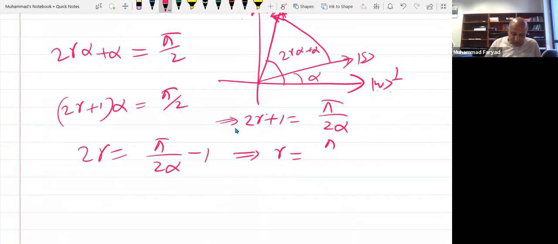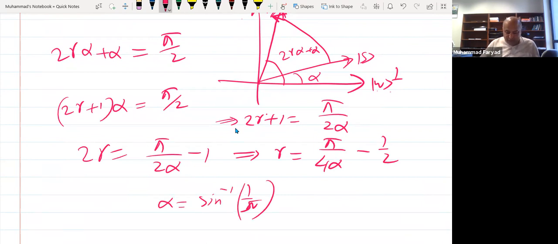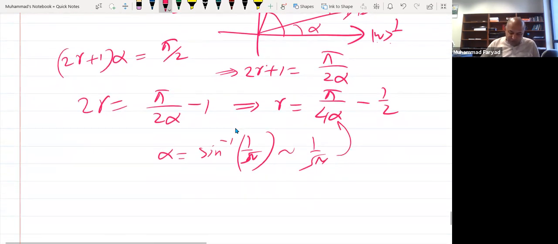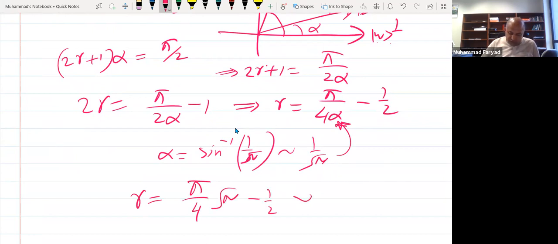This gives R equal to pi over 4 alpha minus half, where alpha, if you recall, was sine inverse of 1 over square root of n. And if n is large, this sine inverse of 1 over square root n is nothing but 1 over square root n. And if I put this expression over here, R becomes pi over 4 times square root of n, minus half. And you can see if we just talk of the order of n, then R is proportional to square root of n.